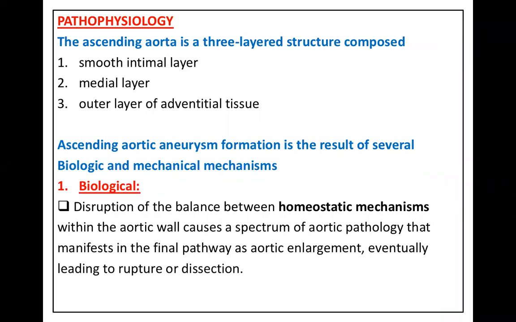Let's start with the biological mechanism, which is a disruption of the balance between the homeostatic mechanisms within the aortic wall, in the form of the elastin and the elastic recoil, which causes a spectrum of changes as a final pathway with aortic enlargement, eventually leading to rupture or dissection.